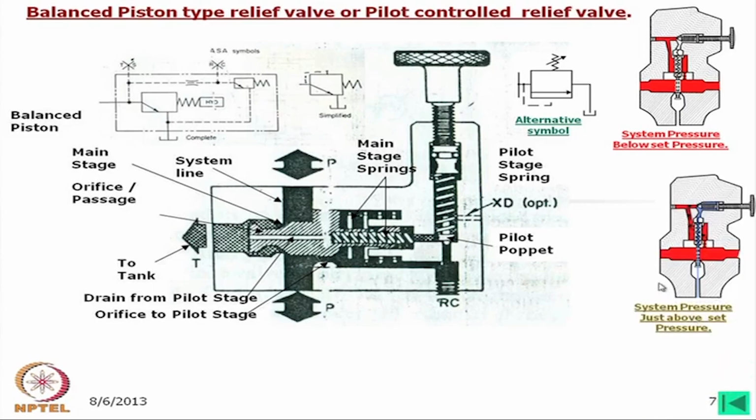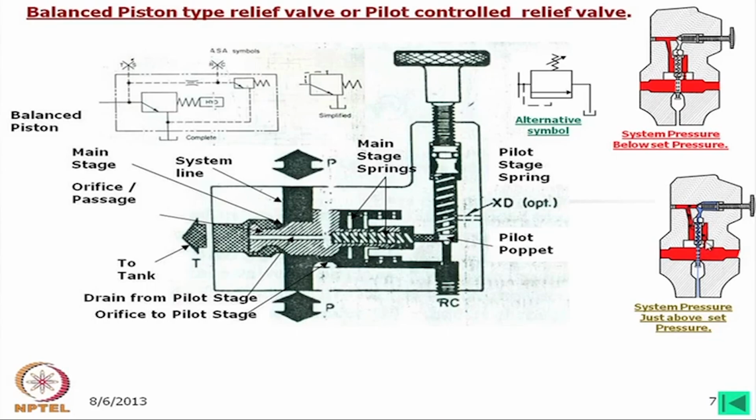Now, when this pressure is above the set pressure, this has opened, the oil has started flowing through this, and there will be an imbalance in the force: gradually the pressure force here is being reduced, and the pressure force here remains the same.